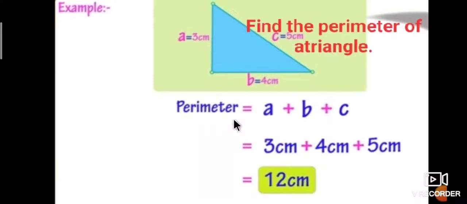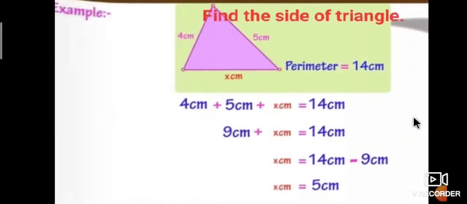Therefore, the perimeter is equal to A plus B plus C, that is equal to 3 plus 4 plus 5. 3 plus 4 is 7, 7 plus 5 is 12 centimeter. Therefore, the perimeter of the triangle is 12 centimeter.